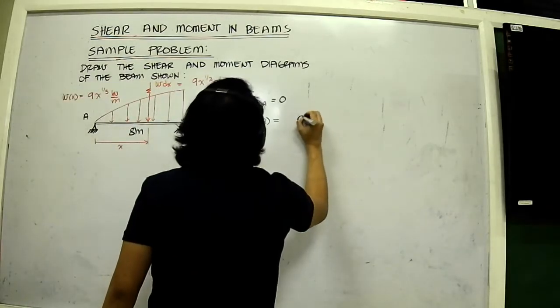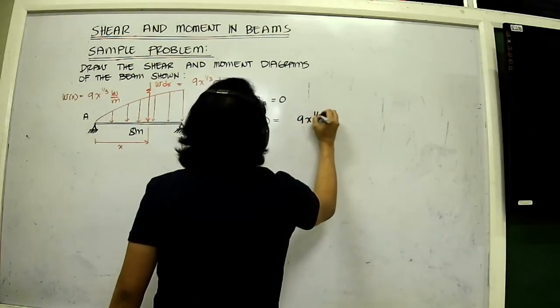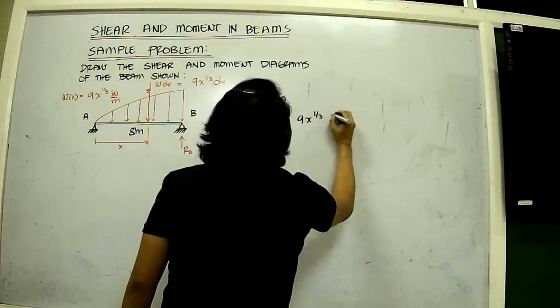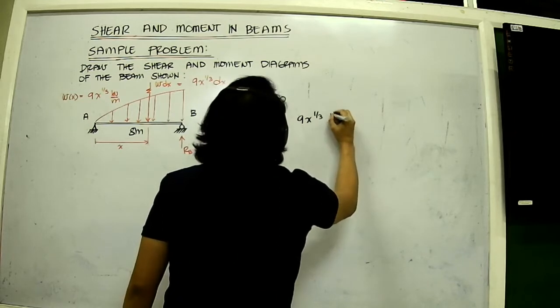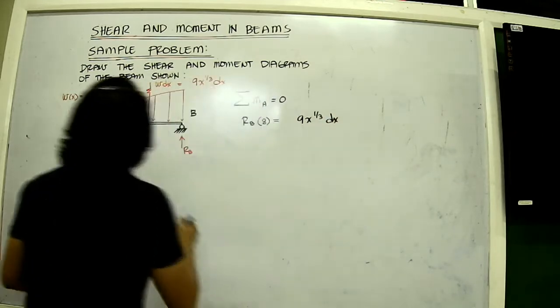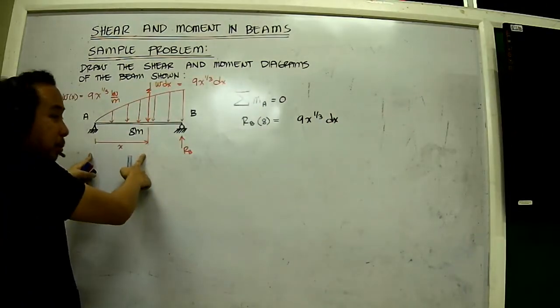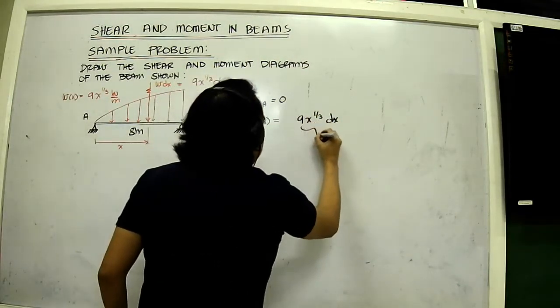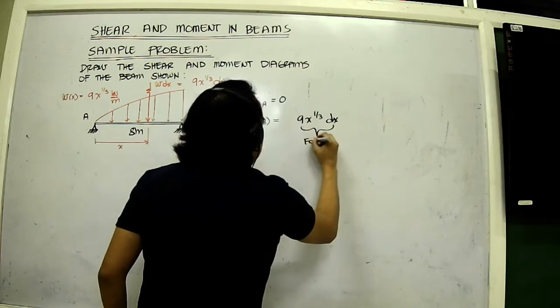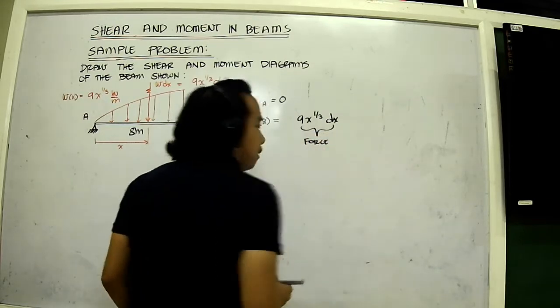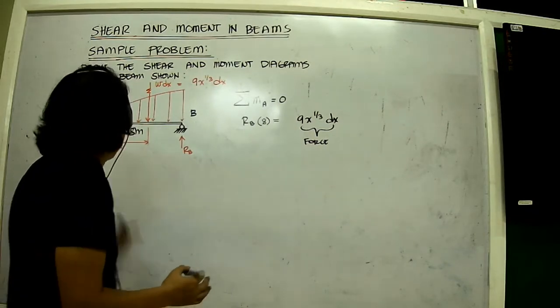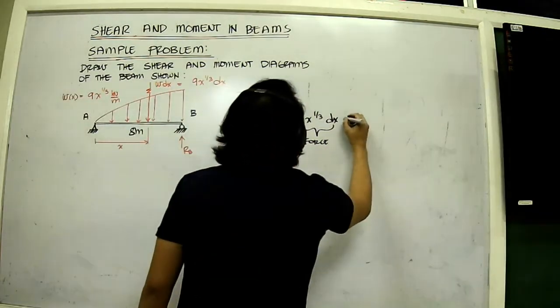Wdx is equal to 9x^(1/3) multiplied by dx. We have to take note of its moment arm. This is actually a force, so I have to multiply it with the moment arm, which is equal to x.